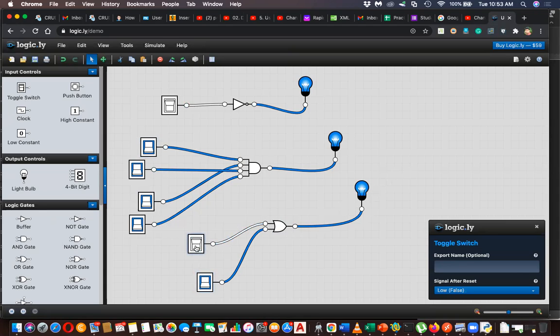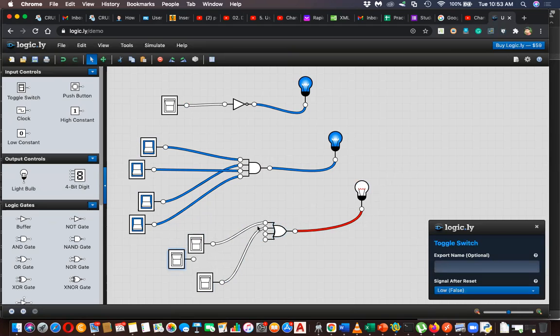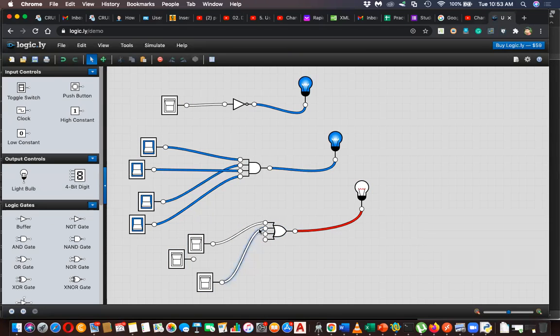That is OR gate. So assume that there are 3 inputs or 4 inputs. Let's say 4 inputs. If there are 4 inputs, all 4 should be 0. Then only this is 0. This is the one that you have to remember, right? Here all 4, if all are 1, this is 1. If all are 0, this is 0.